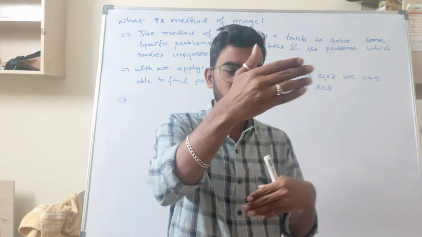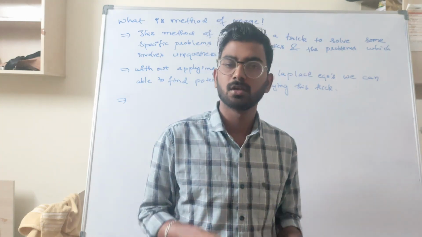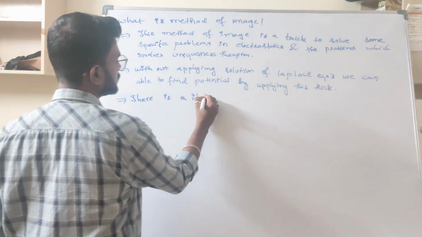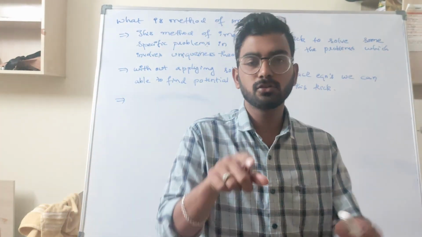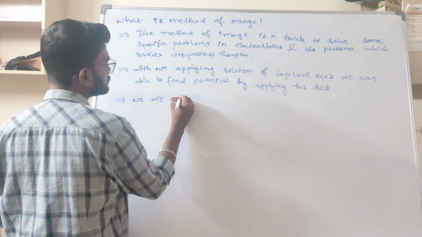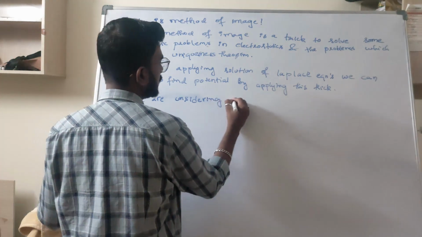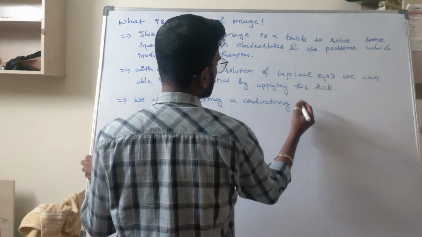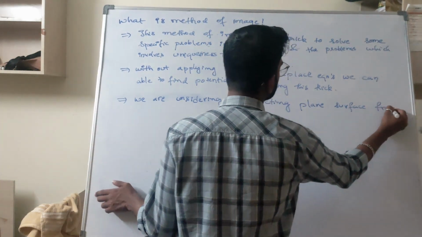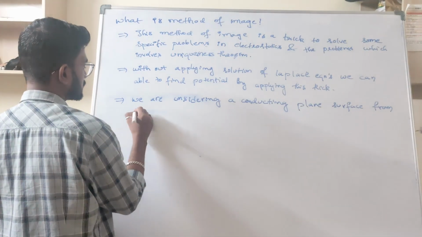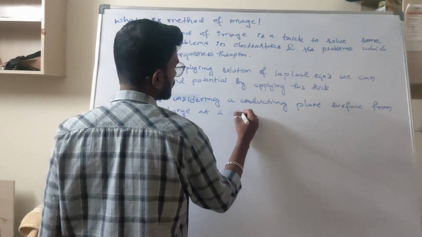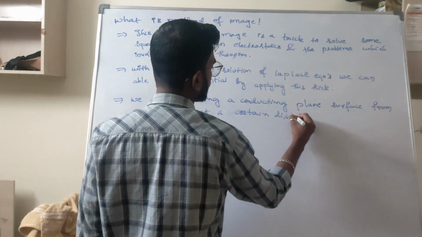If the charge is positive, negative charges are induced; if it is negative, positive charges are induced. Sorry, before the induced charges, we are taking a conducting plane surface at a certain distance from the given charge.